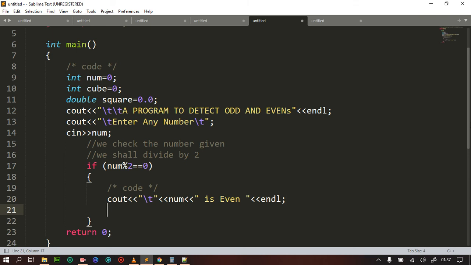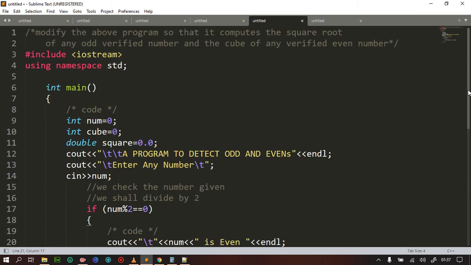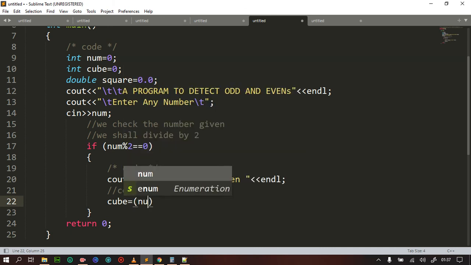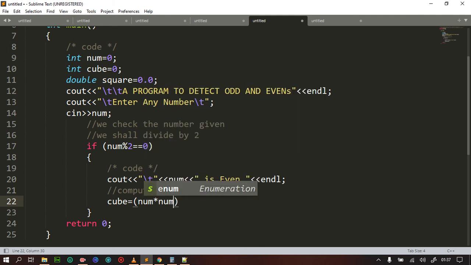Num is even, but the question says modify the above program so that it computes the square root of the odd number and the cube of the even number. If it was the program before modification, this is where I would end, but since it's a modification, since this is even, compute the cube. Cube means that number times that number 3 times, so it will be num times num times num.